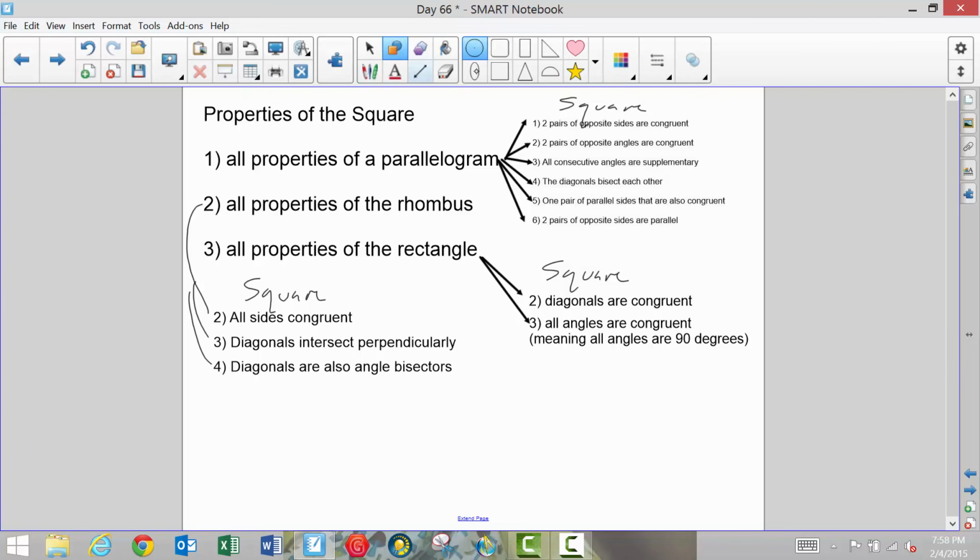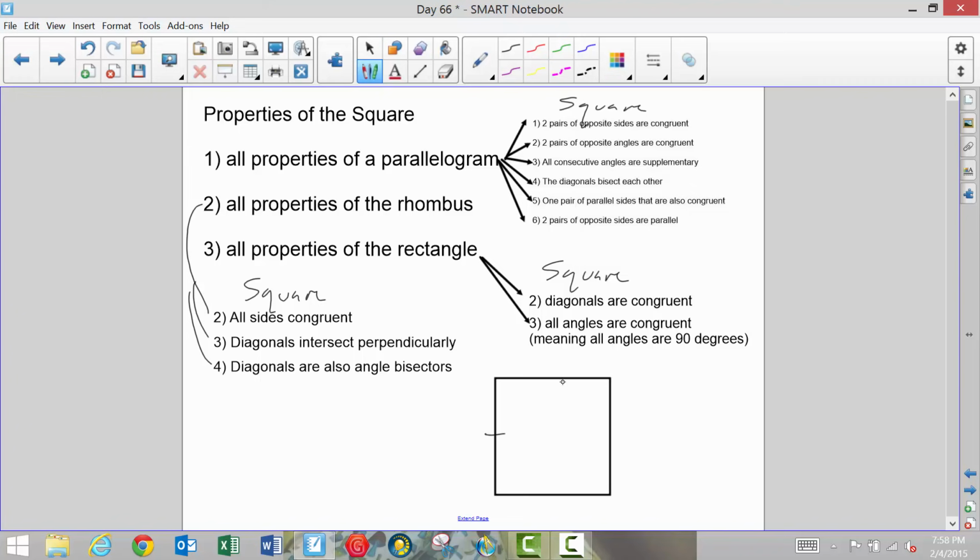So example. Here's my square. The square, I know that all sides are equal. I know that all angles are 90 degrees. I also know opposite sides are equal, opposite sides are parallel. Okay.